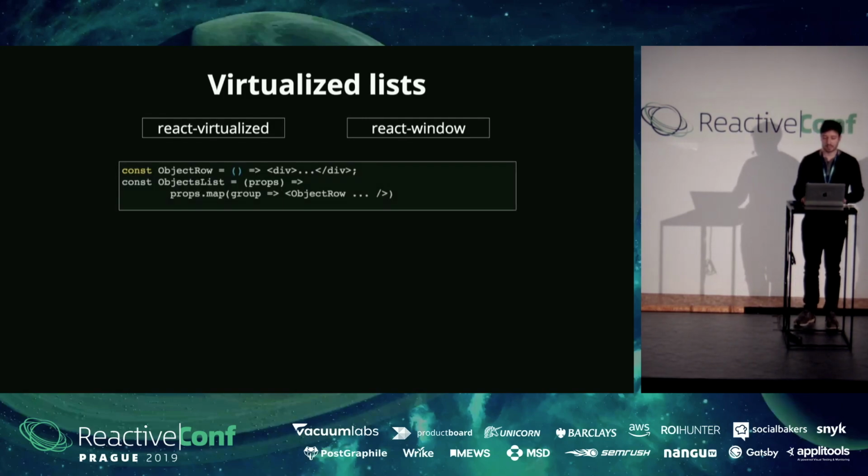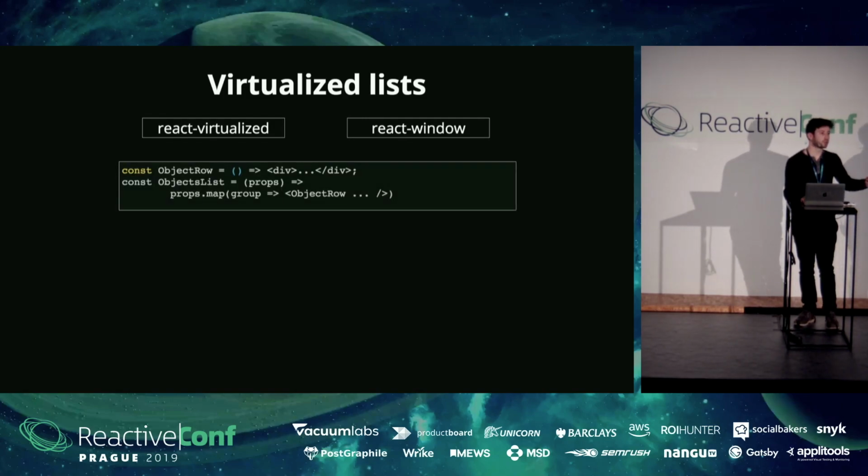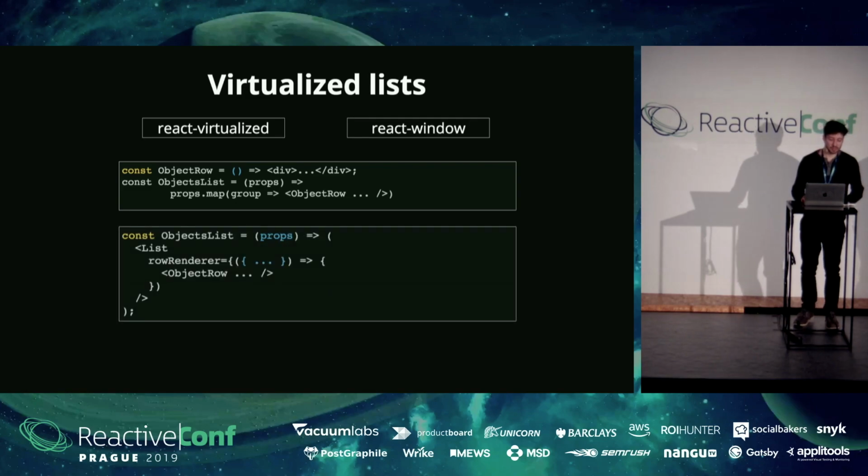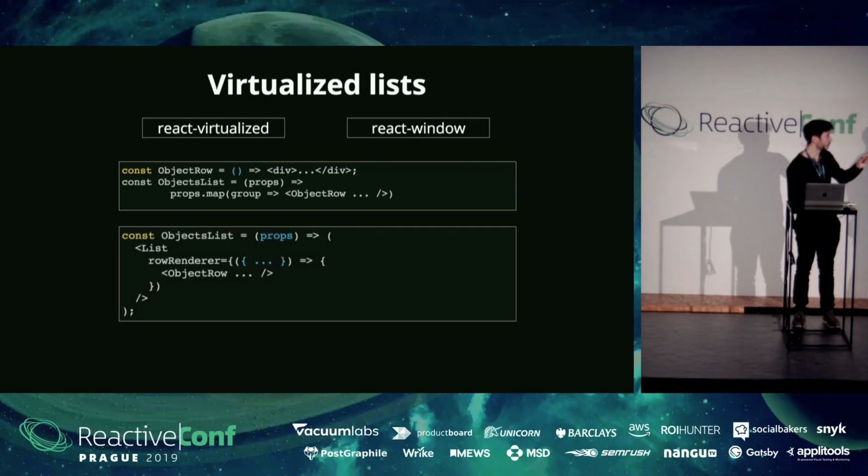And the idea is that instead of just mapping on a list of objects and displaying all of them in the DOM in the browser, the virtualization library will give you a list component with a function here called row renderer, and this function will be called to render only a subset of the list, which is the objects that are to display on the screen.